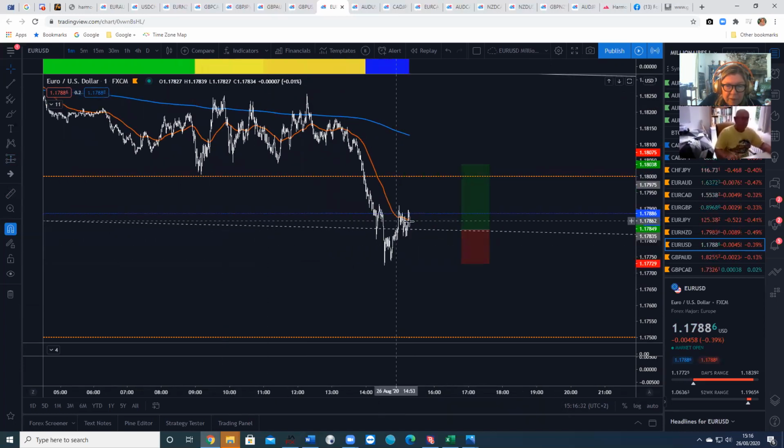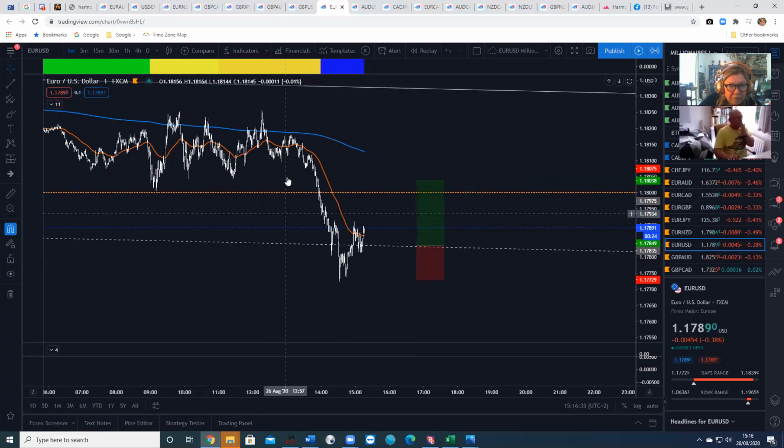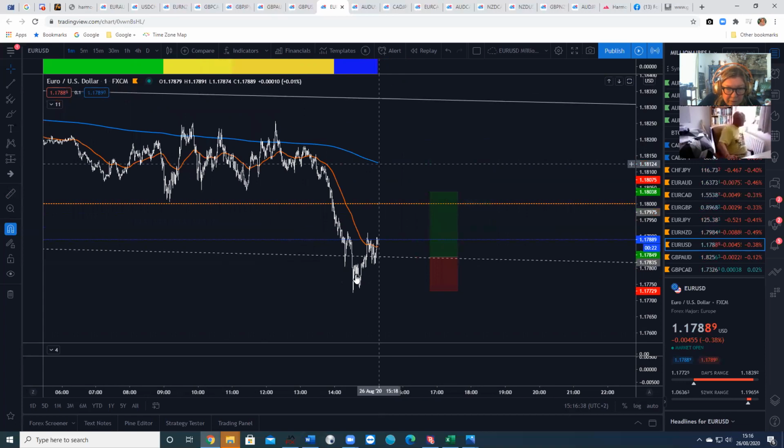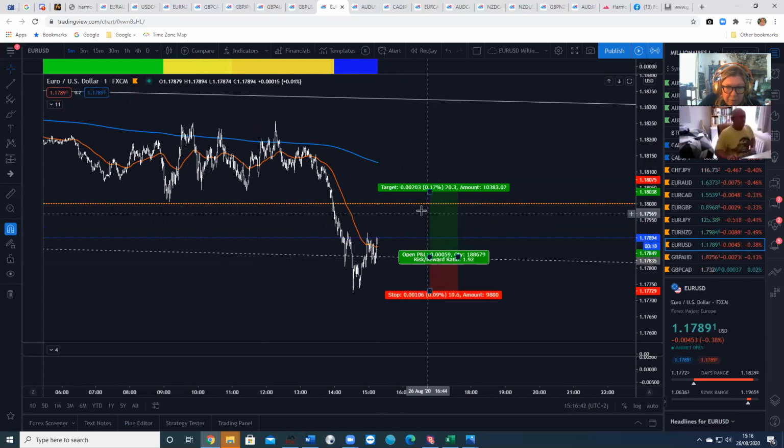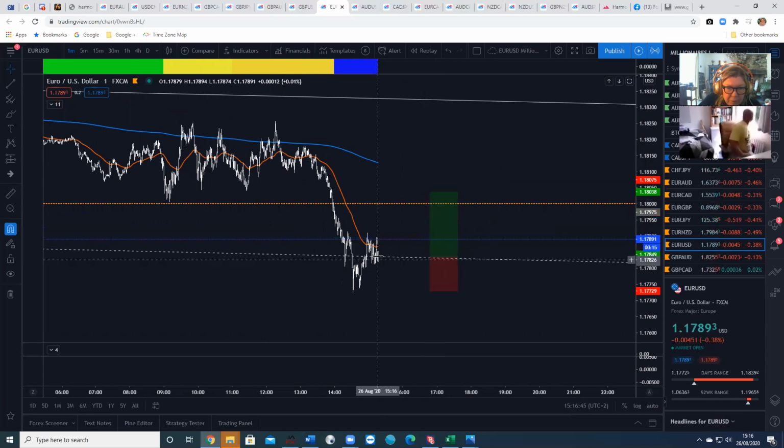Because it just looks like it wants to come back round to meet that 15 minute line. It's in between this area here, which is about 15-17 pips. So even if we get a break and a retest, we've got to be above that 62, a little bit off that pitchfork. We don't know because this is technically selling.